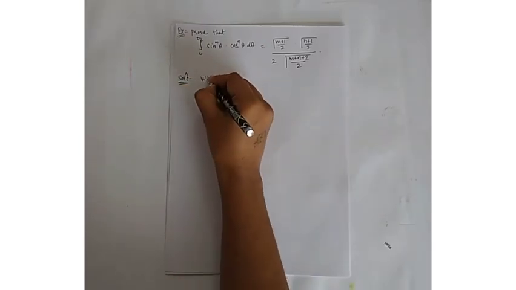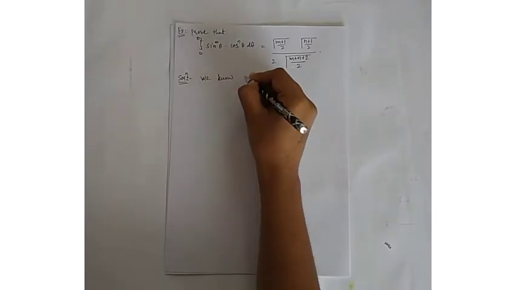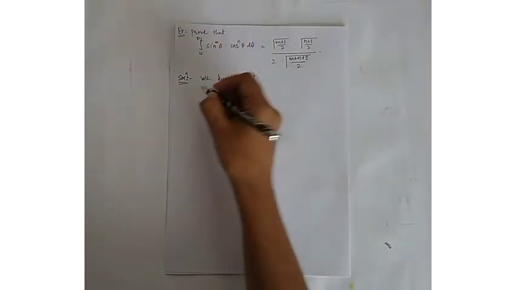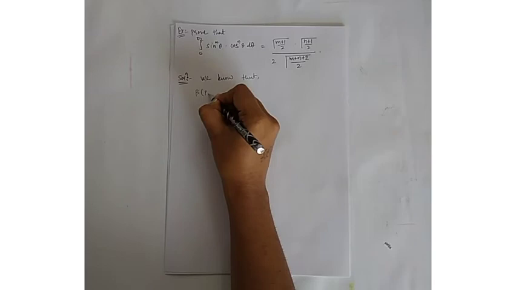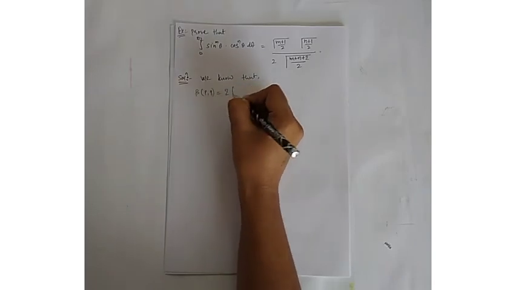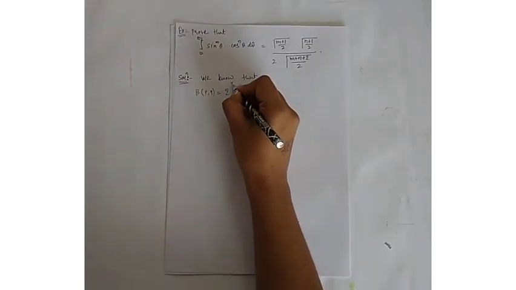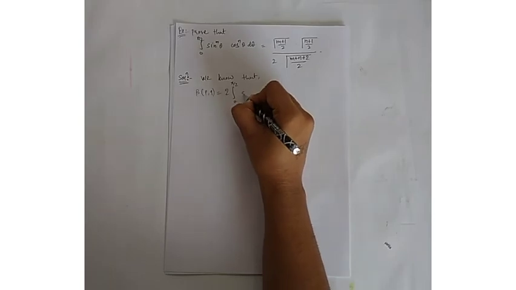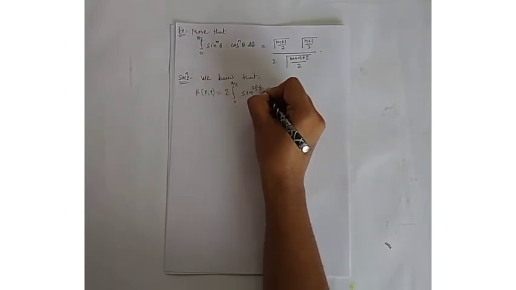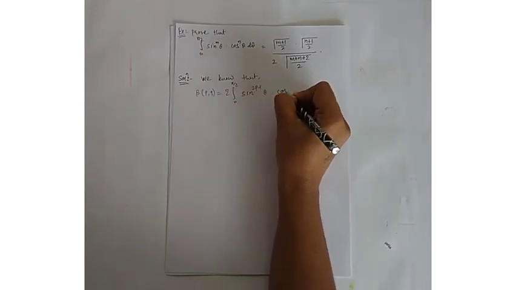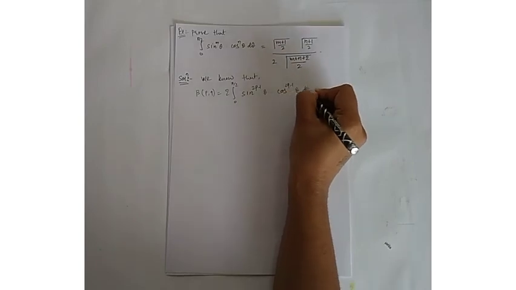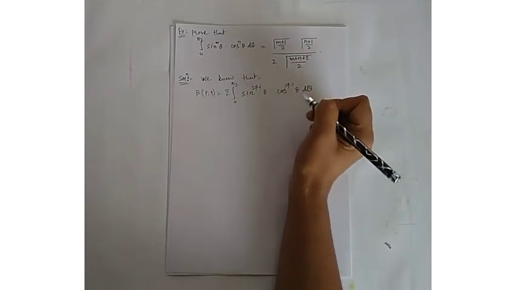We know that beta pq is equal to 2 into integration with limit 0 to pi by 2 of sine to p minus 1 theta into cos to q minus 1 theta d theta.